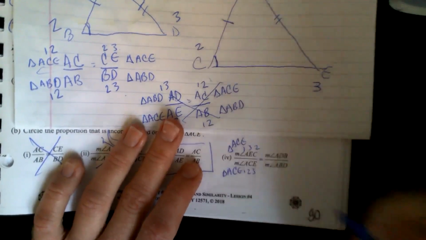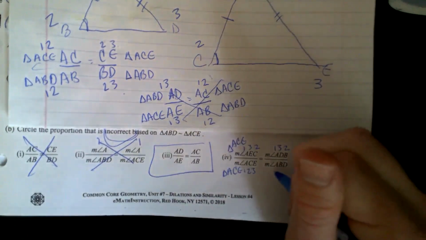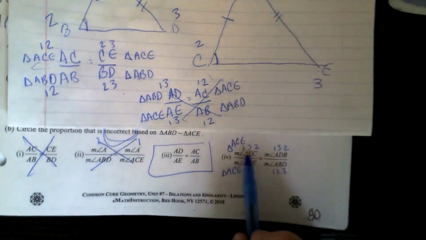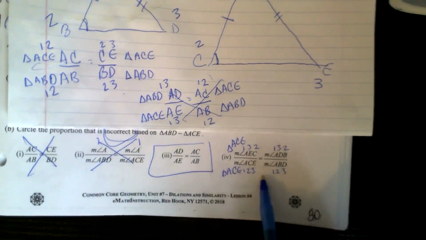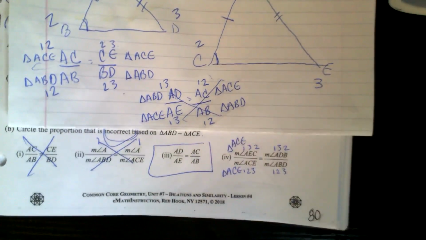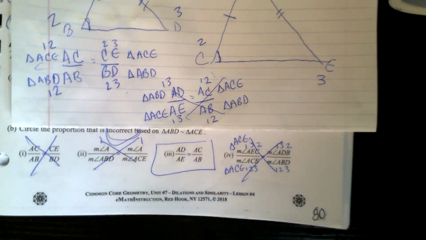We can have triangle over triangle, the same triangles. So let's see if these match up. ADB is 1, 3, 2, and ABD is 1, 2, 3. Since they match up, that works. So our answer, like I said, is number 3.